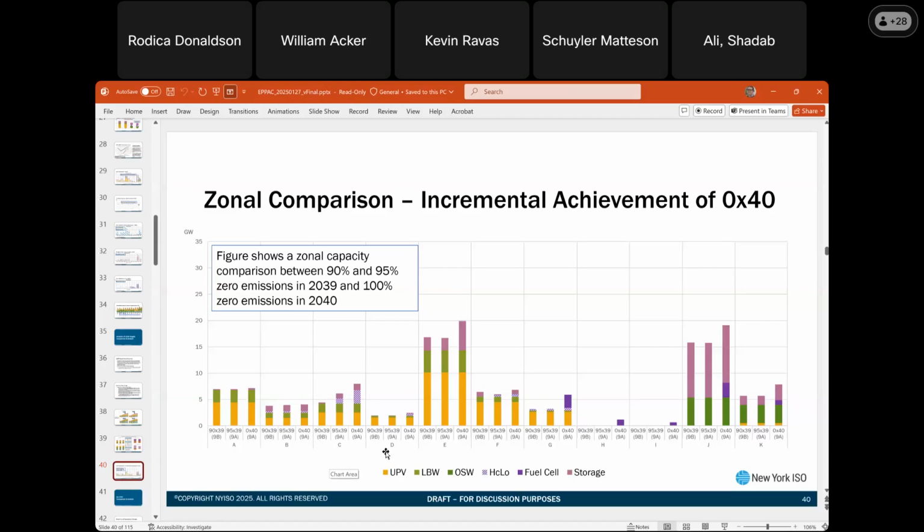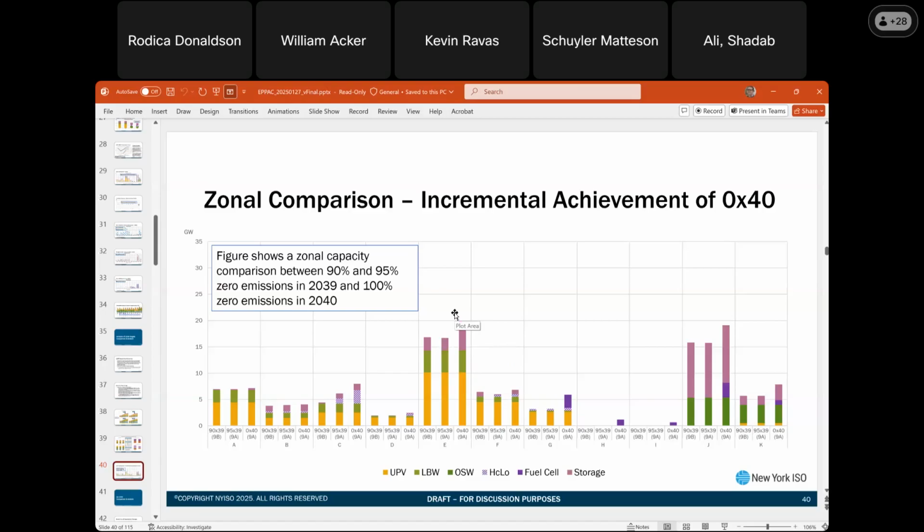And we can see that when the 2040 target is in effect, fuel cells must be built, right? And it's built in the downstate zones where there are LCR requirements, as well as additional battery upstate, there is fossil being retired between 39 and 40.